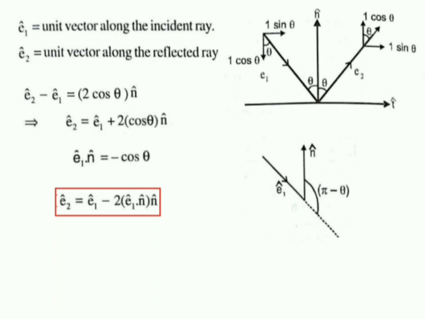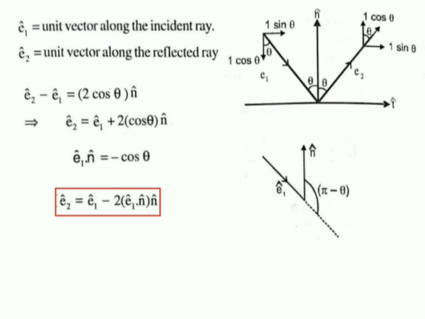Now one more way of representing the reflected ray: a unit vector along the reflected ray, if you are given the unit vector in the direction of the incident ray. So if E1 is a unit vector along the incident ray and E2 is a unit vector along the reflected ray, we have expressed E1 and E2 in the direction of normal and tangent, and after subtracting and simplifying we get a relation which you need to remember.